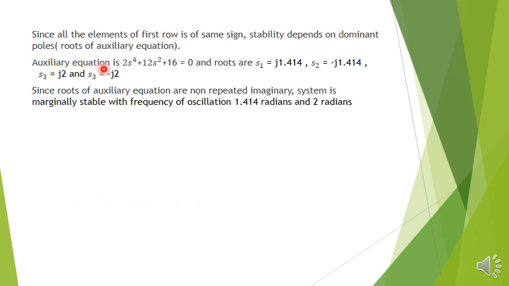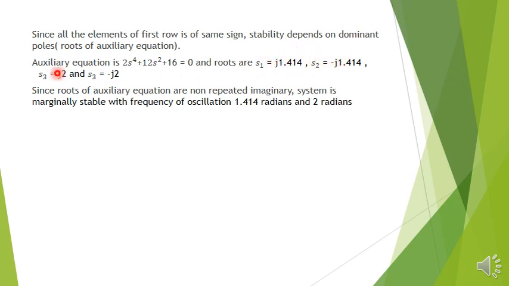So the auxiliary equation is 2s to the power 4 plus 12s square plus 16 equal to 0. If I find the roots of this, I will get the roots as plus j1.414, minus j1.414, plus j2, minus j2. So here the roots are imaginary as well as non-repeated.